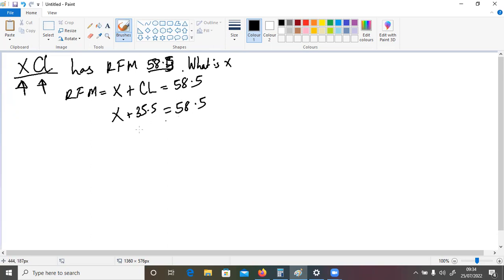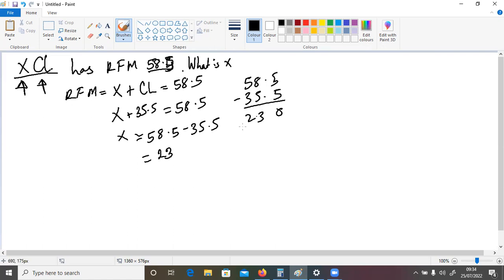Okay, so making X the subject of the formula, we are going to get 58.5 minus 35.5, and this is going to give us what? Is this 23? Is it? If you are not sure, don't be afraid to subtract.